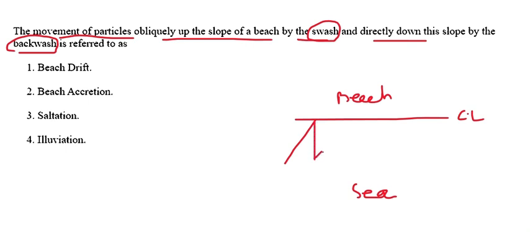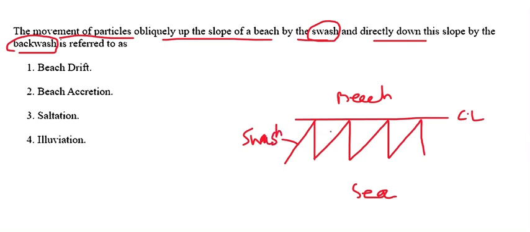Then again obliquely, then again it returns back at 90 degrees. This is a process. The water along with sand that comes in obliquely, we call that the swash.